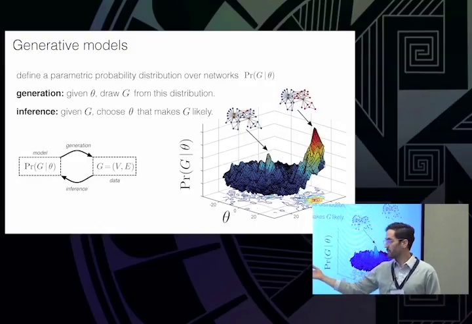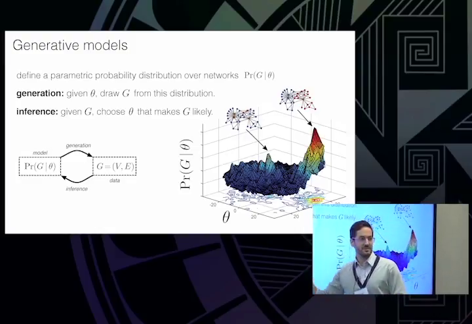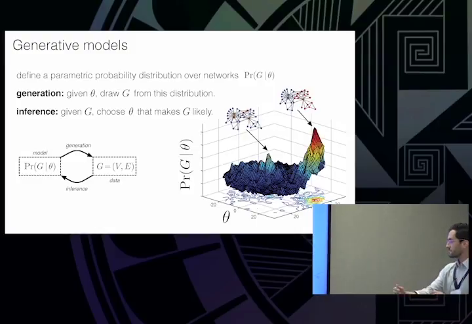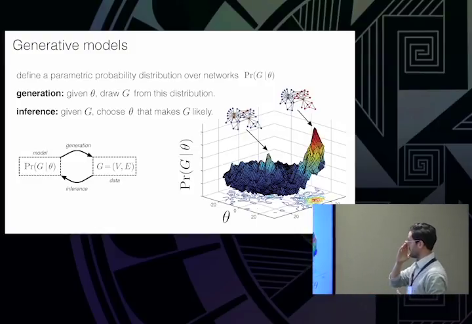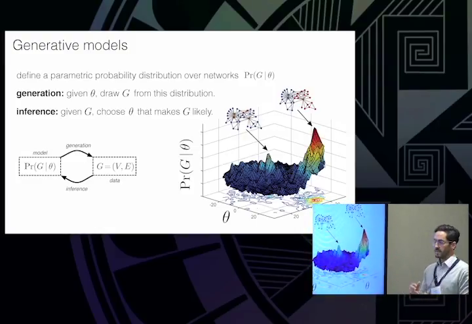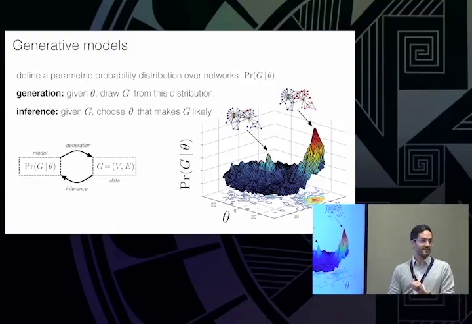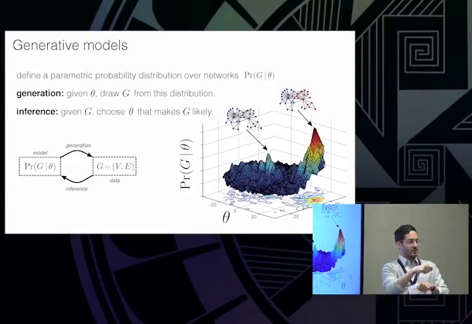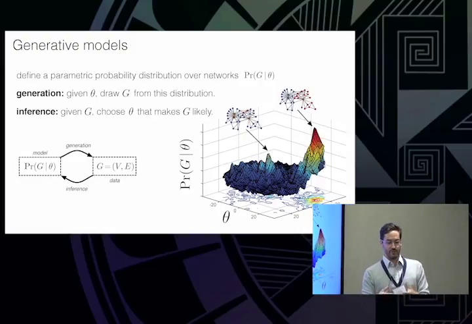And in the process, when we do this inference, we learn these parameters theta, and therefore we learn a model-based description of the network. To put it a little bit differently, if I have something like the Zachary karate club, I have some network that I think has community structure in it. I can write down, over all the possible divisions of those nodes into different groups, what's the likelihood, or what's the probability, of having generated that network given that division into groups.